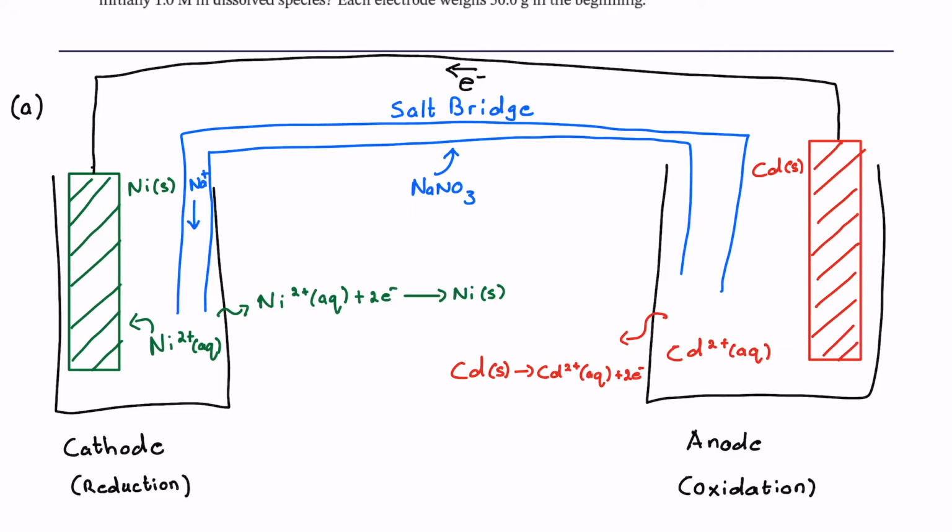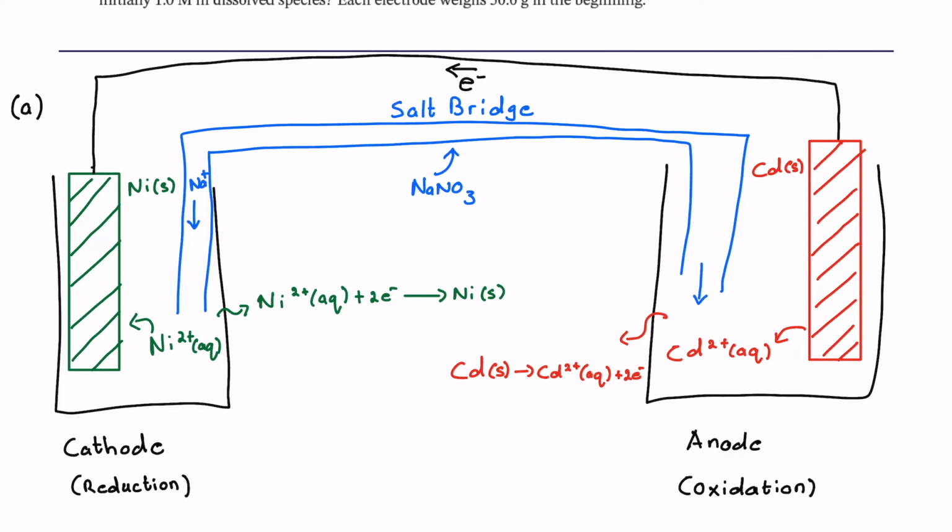Also an interesting situation in terms of what is needed here for charge balance, in terms of what the salt bridge does, right? Because we have electrons flowing out of the system, and we have cadmium forming cadmium 2 plus, in other words, forming a positive species in this solution.